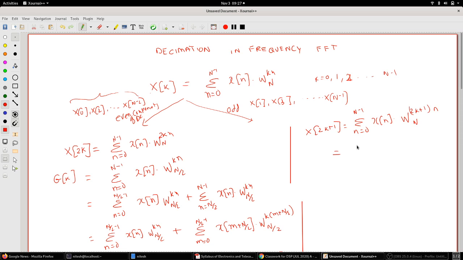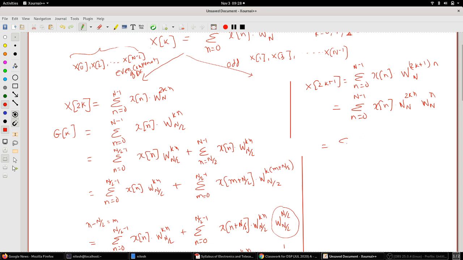Okay, so this comes to be equal to summation n equal to 0 to n minus 1 x of n into w n of n into w kn of n by 2. This is what you get.